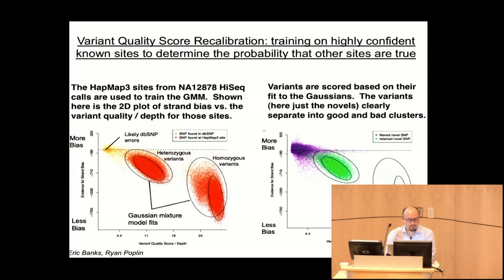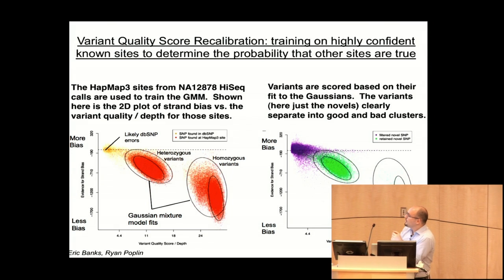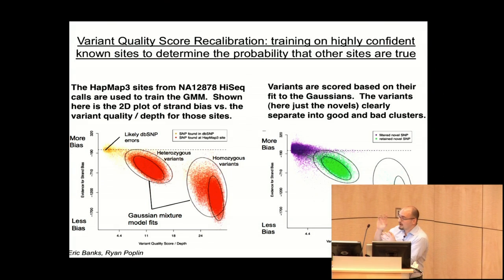And then you really have a big problem of separating true genetic variation in your samples from these potential artifacts. And the potential artifacts are large in size. We're talking maybe 25% of the raw call sets are artifacts. This is a figure that illustrates a tool we've been working on called variant quality score recalibration.